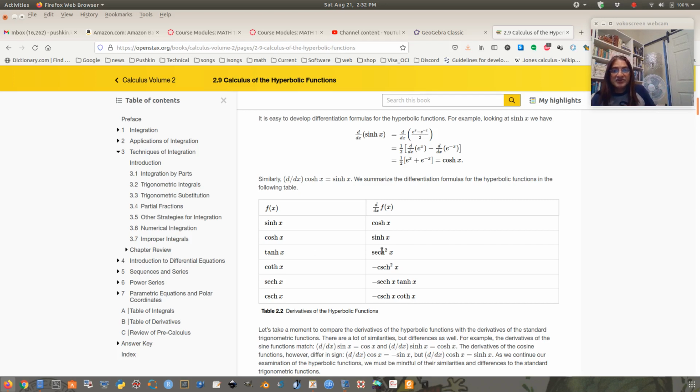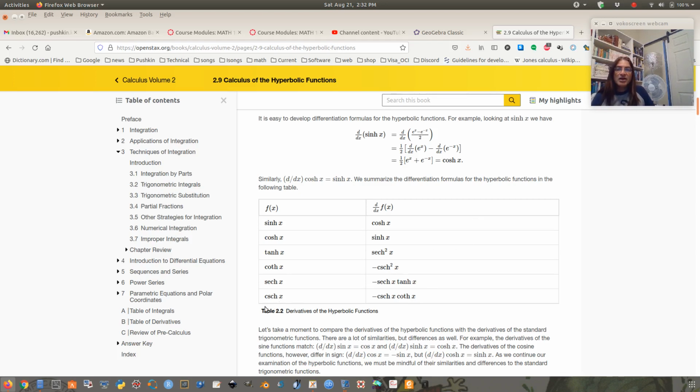The derivative of tanh x is sech squared x, very similar to the trigonometric one where the derivative of tan x is secant squared x, and the derivative of coth x is negative csch squared x. Okay, so again, look at the sign here. Then for sech x, the derivative is negative sech x tanh x, so a negative sign shows up, as in the trigonometric one.